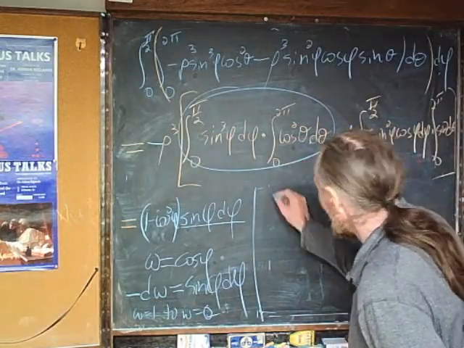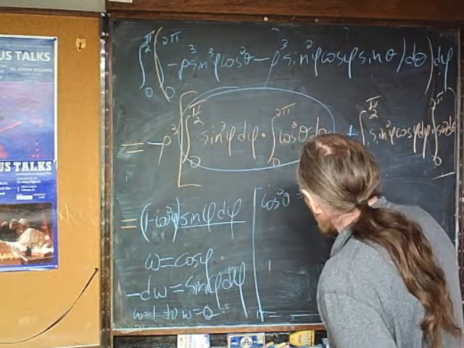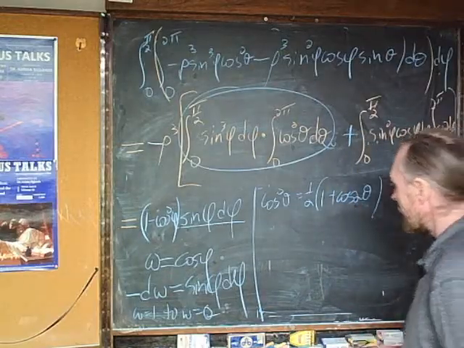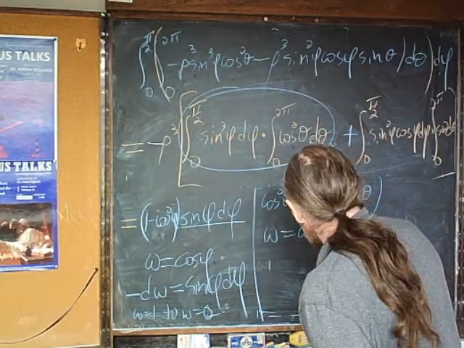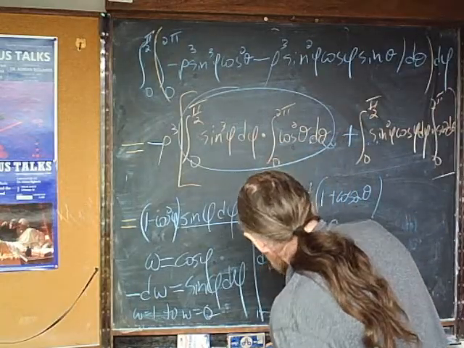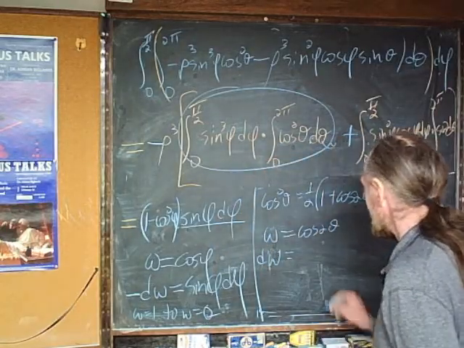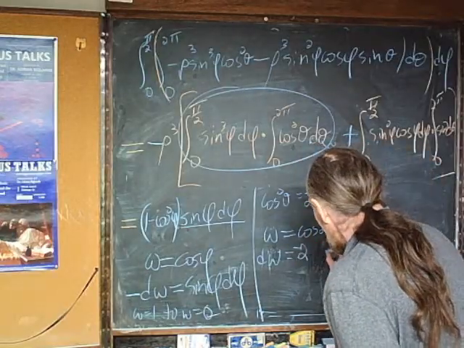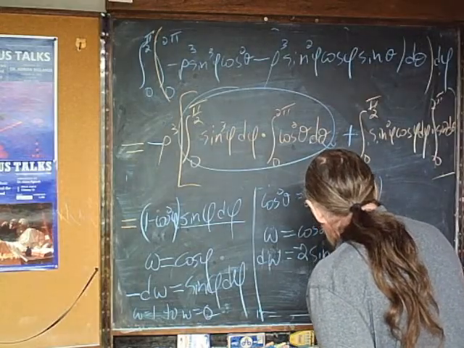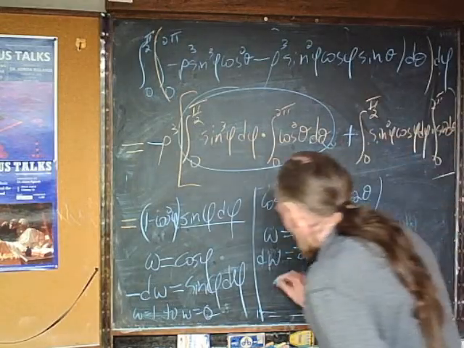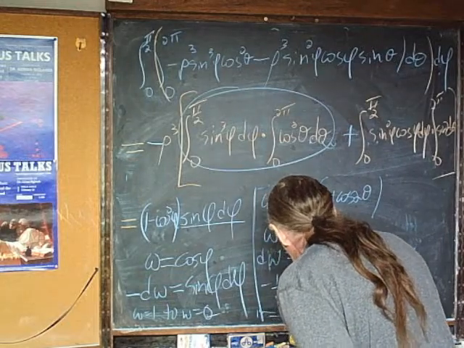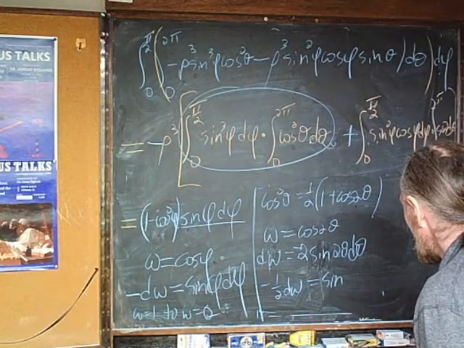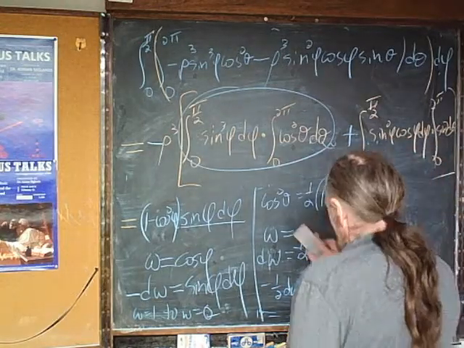This integral is going to be cos squared theta is 1/2 times 1 plus cos 2 theta, and then you use a substitution. W is equal to cos 2 theta, then dw is equal to negative 2 sine 2 theta d theta, and then that'll be negative 1/2 dw is equal to, oh no, wait. Yep.